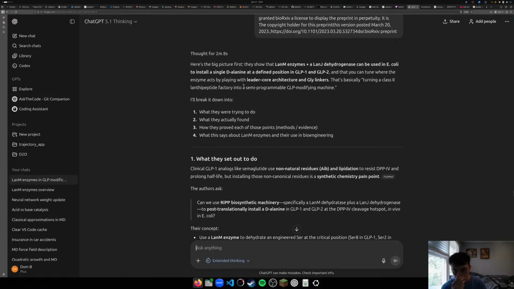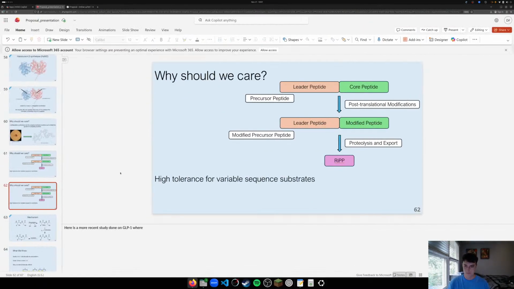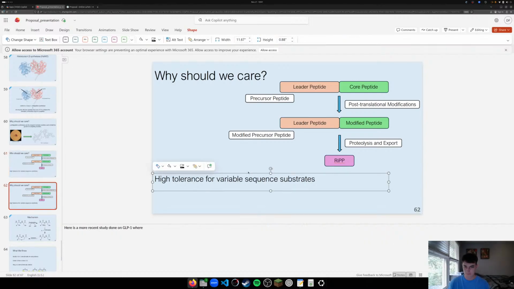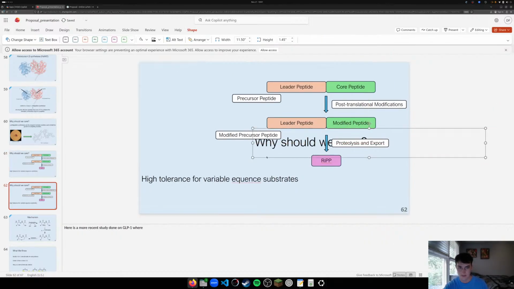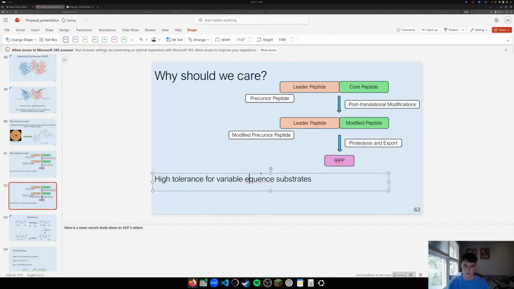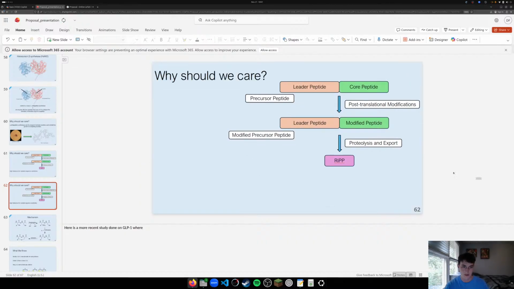So here's the thing here. GLP-1, for background, is Ozempic. So what we can do is delete that.